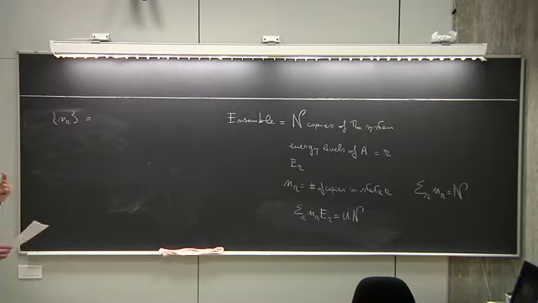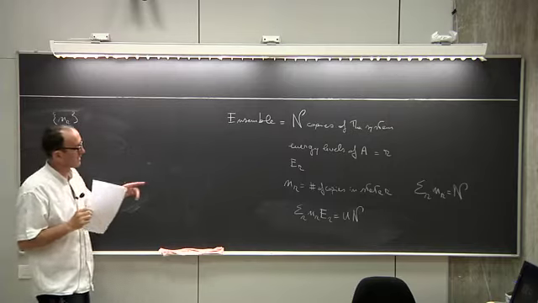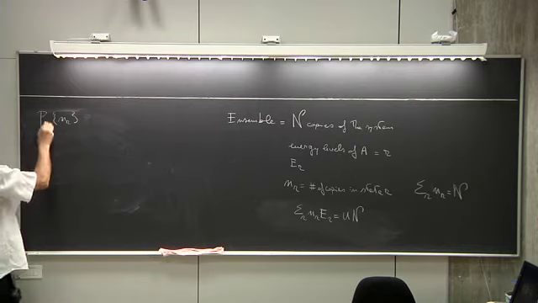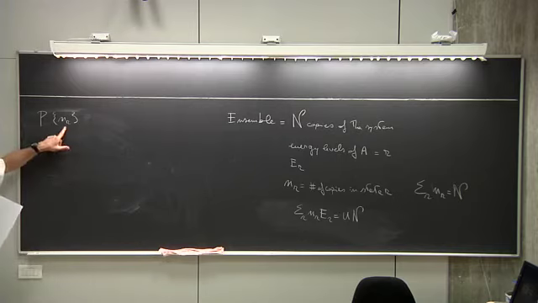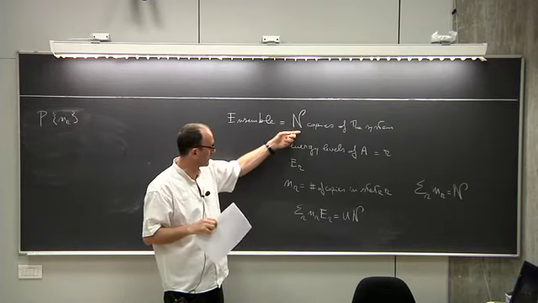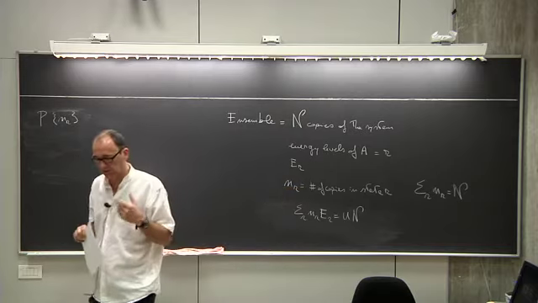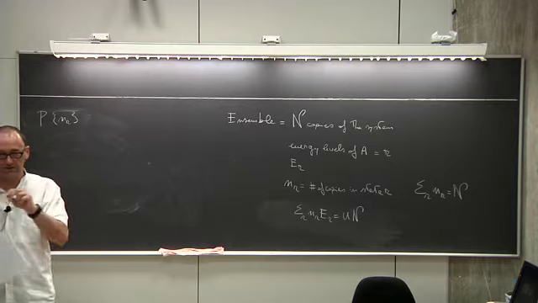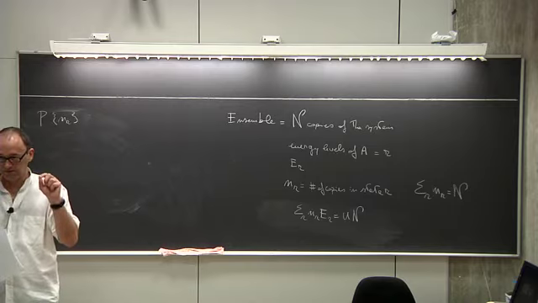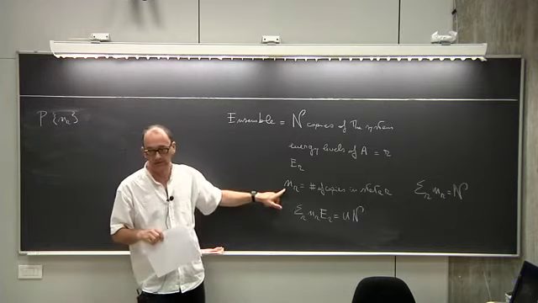Okay? So the probability to find a particular assignment, a particular distribution of the copies in the ensemble on these states, will be proportional to the number of ways in which I can distribute the different systems in the ensemble in these many states.